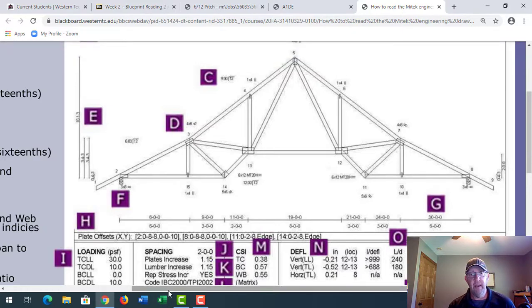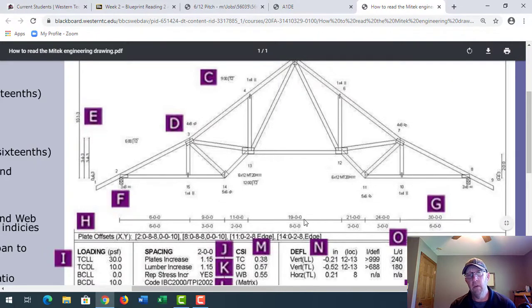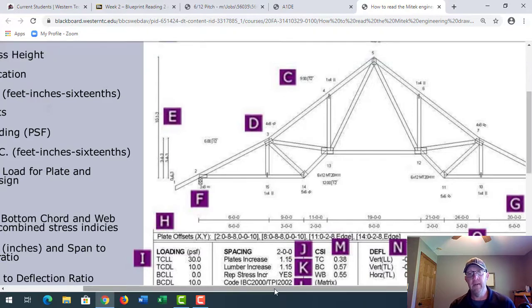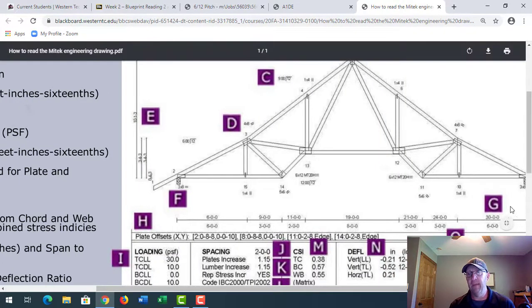If the truss said 10 feet 1-3, that would mean 10 feet 1 3/16 of an inch. This last number is going to be the 1/16 of an inch. So if it's 8/16, we're really talking about 1/2 an inch, right? But the engineers, for whatever reason, list things in 16. So when we need to know information about the span, that's where we're going to get that information, okay?